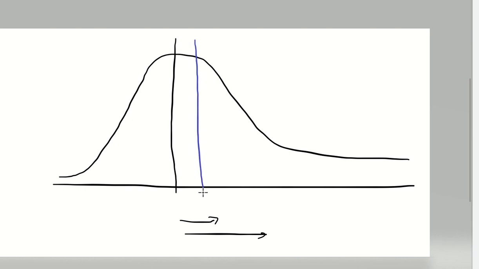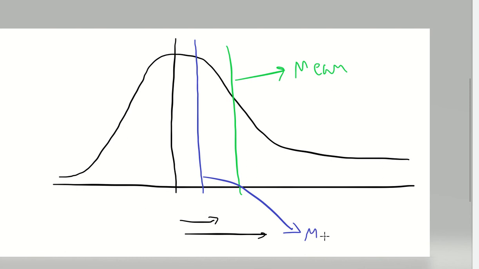Obviously, one of them has been pulled more than the other. Who is more sensitive to extreme values? The mean. So the mean has been pulled up more than the median. So that would be your mean, and that will be your median. Okay? So what does it mean? Well, it means that in this situation, the mean is actually bigger than the median.